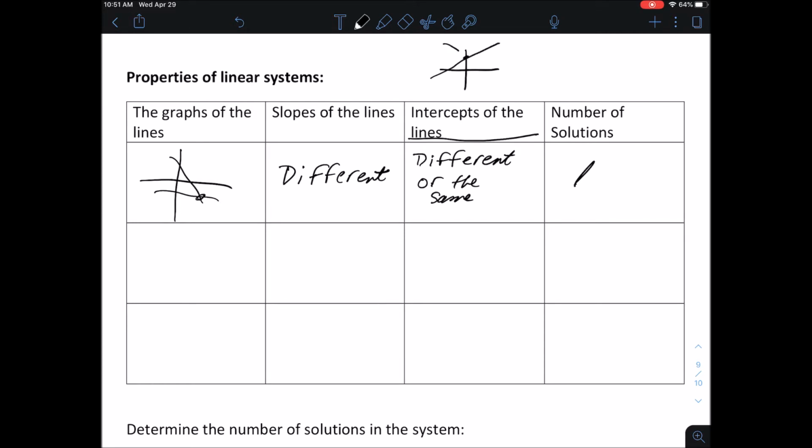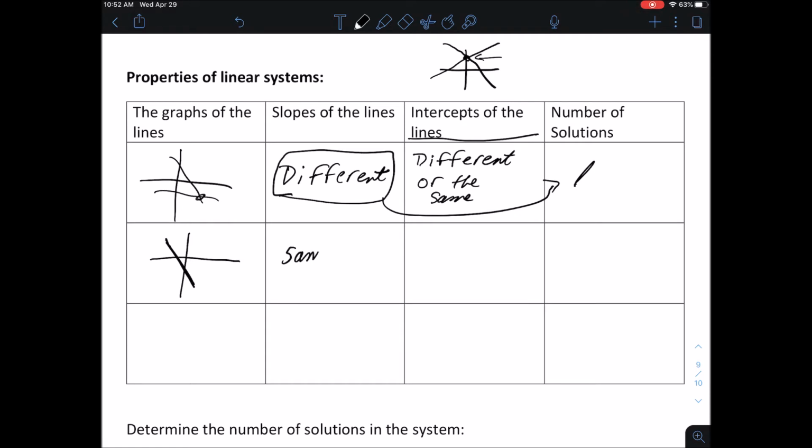So if you imagine what would happen if the lines had different slopes but the same intercept. Well, say one could look like this and one could look like that. And what that would mean is that the intercept right here would be the solution. Okay, but they would cross. So the moment that I see the slopes are different, I know immediately there will be one solution. In other words, the lines will cross.